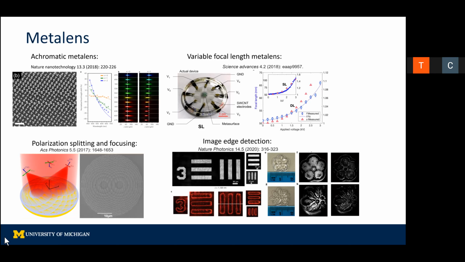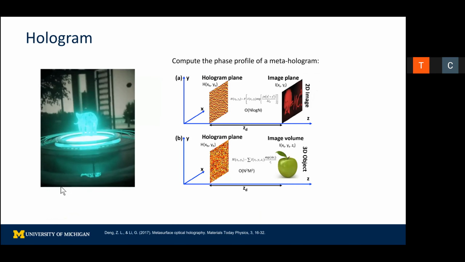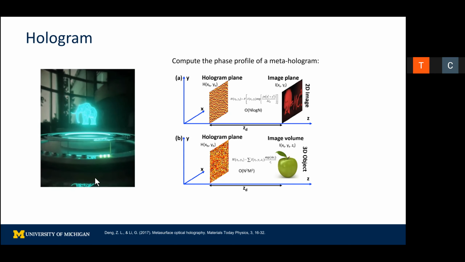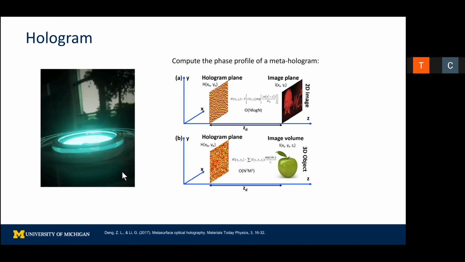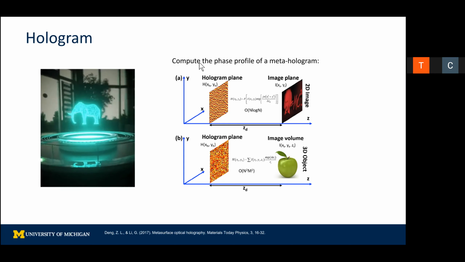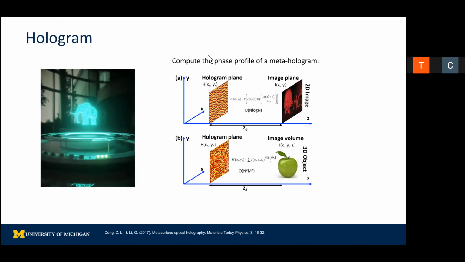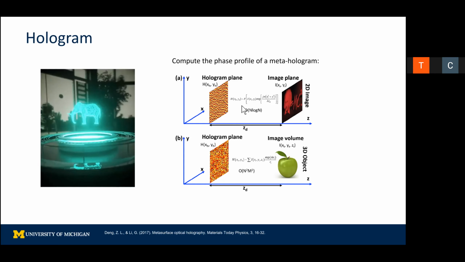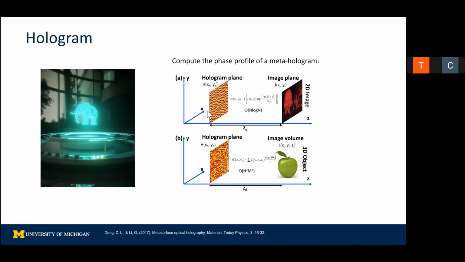Another application is the hologram, as you can see here. You might probably only see this in some science fiction films. However, we can also realize this using this metasurface. Basically, if you want to create a hologram, you can inversely compute what the phase profile should be in order to generate this type of hologram.